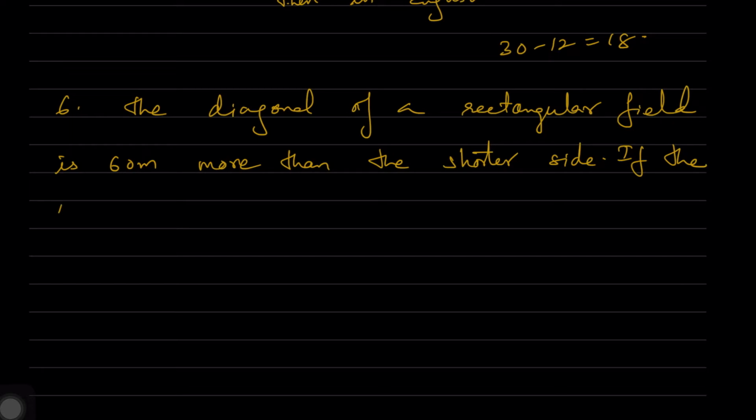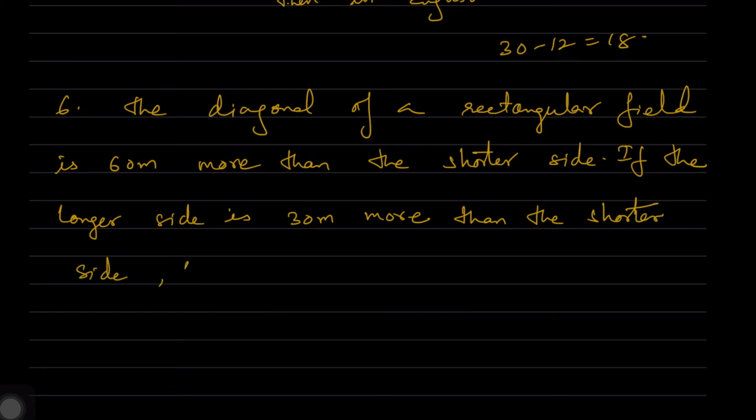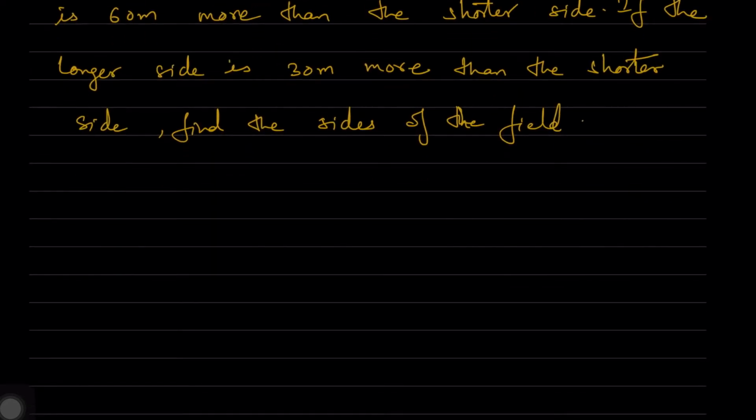If the longer side is 30 meters more than the shorter side, find the sides of the field. It's a solution.